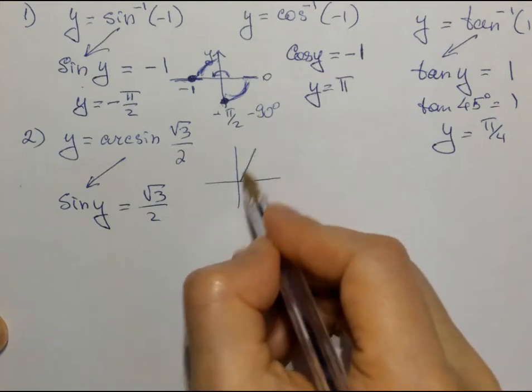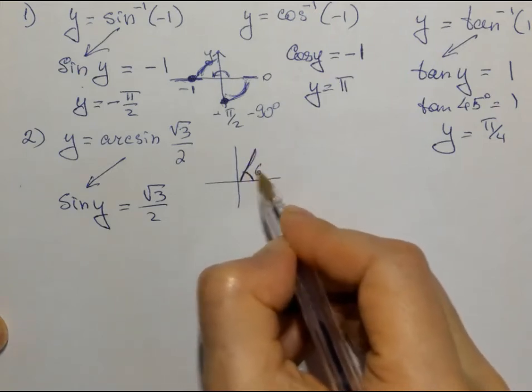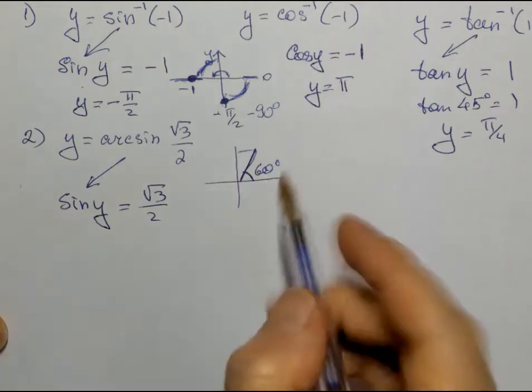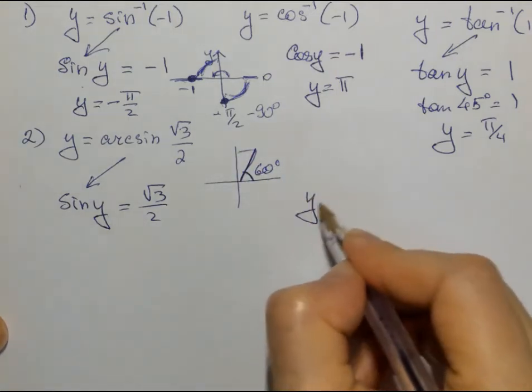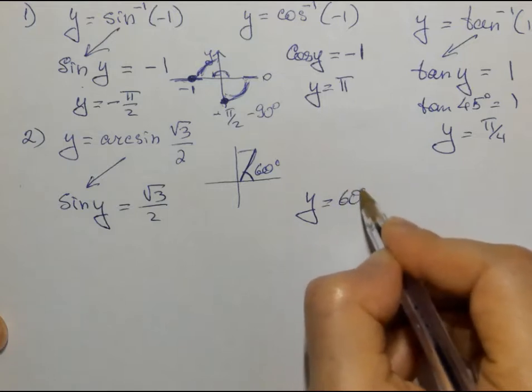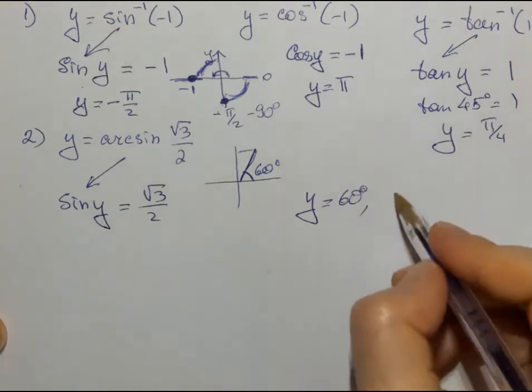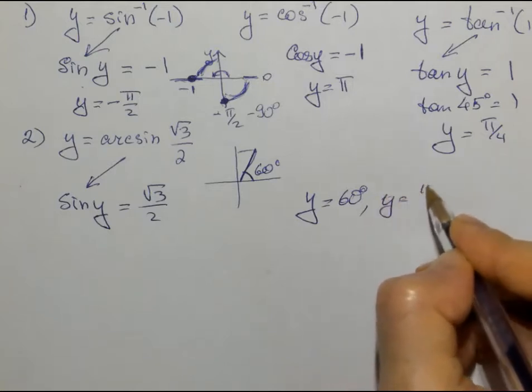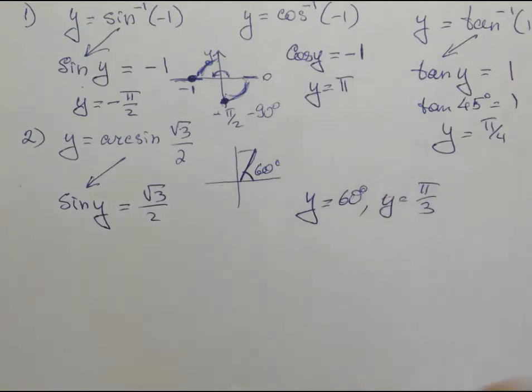In the first quadrant, the angle of 60 degrees has the sine equal to square root of 3/2. That's why y must be equal to 60 degrees, or depending on what is required in the problem, y equals pi/3.